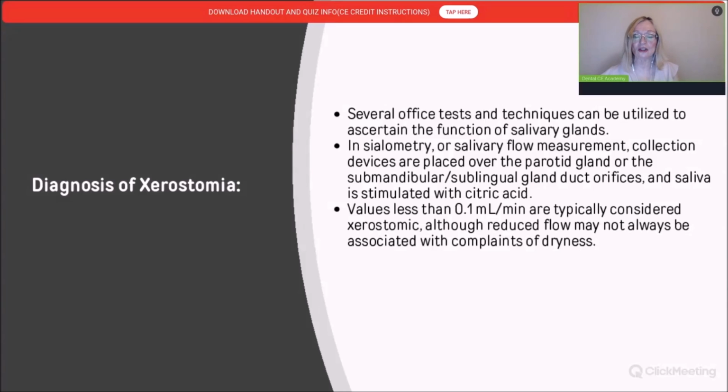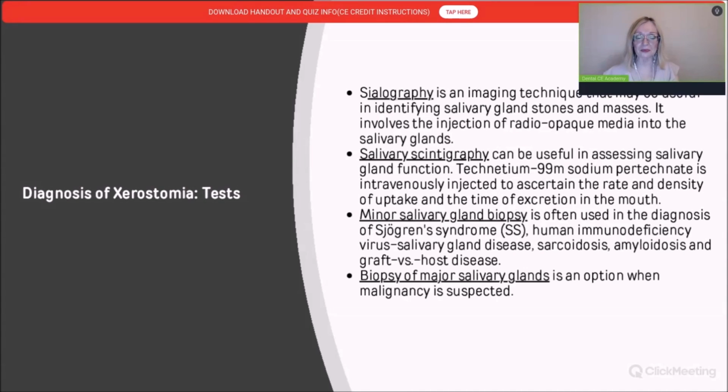But in the case of patients that may have had Sjogren's, or they have had surgery, or they've had radiation therapy, oftentimes these tests will be deployed, and for patients that may have some sort of tumor or obstruction, right? So this is a breakdown of some of these diagnostic tests that are available. Sialography, which is imaging, is also used to identify obstructions, masses, stones.